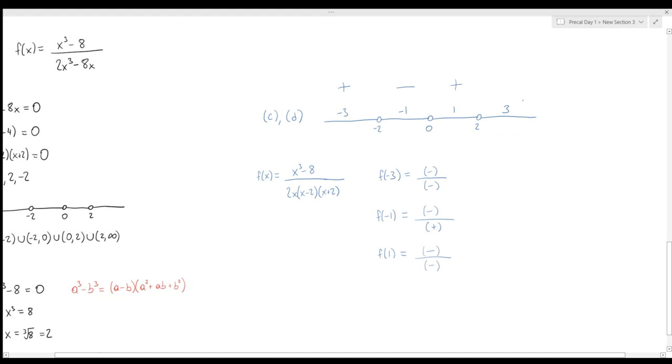All right, and then lastly, if x is 3, 27 minus 8 is positive. And everything in the denominator is positive when x is 3. Okay.